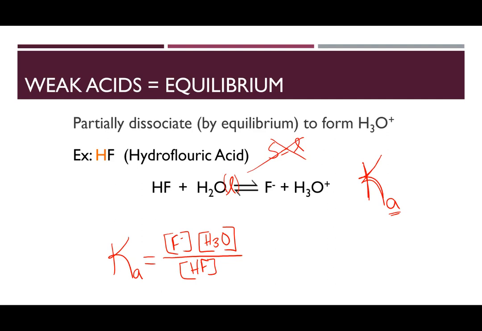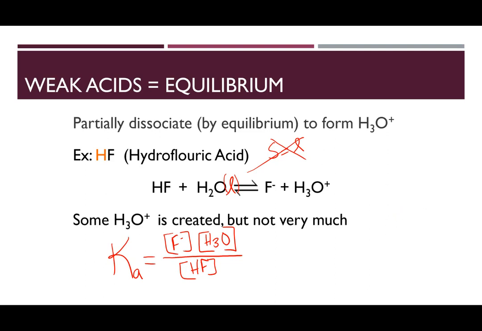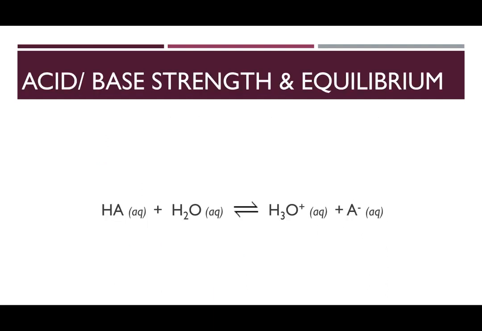So again, we see the Ka value taking shape here. So equilibrium's not going away, ice tables are not going away. So in a weak acid, we have some H3O that is created, but not very much. But if we can solve for the concentration of the H3O, then we can quantify or numerically tell someone how strong or weak this acid is.